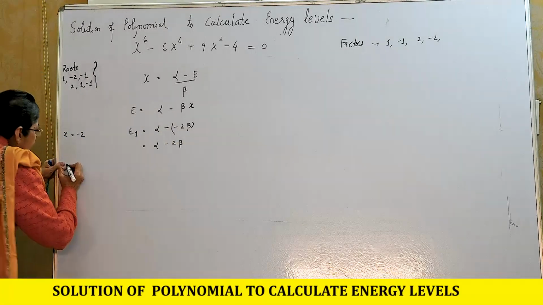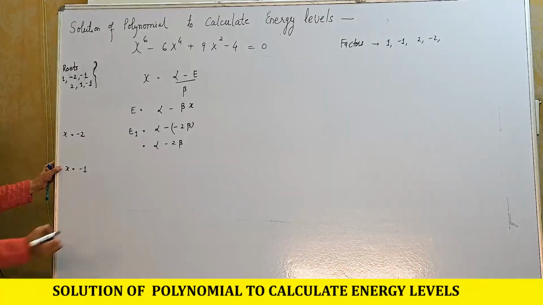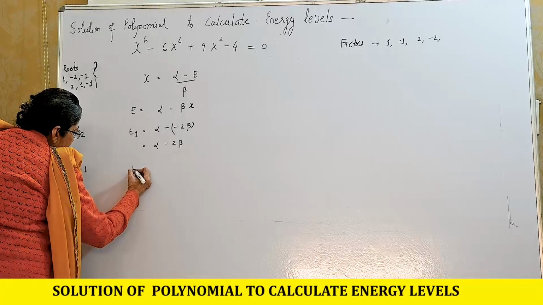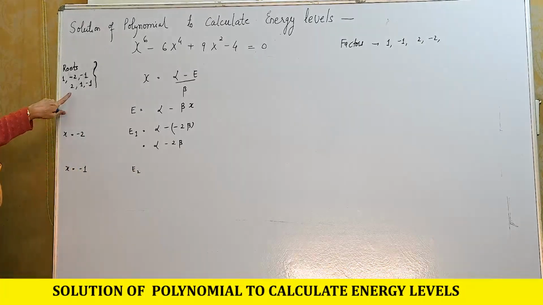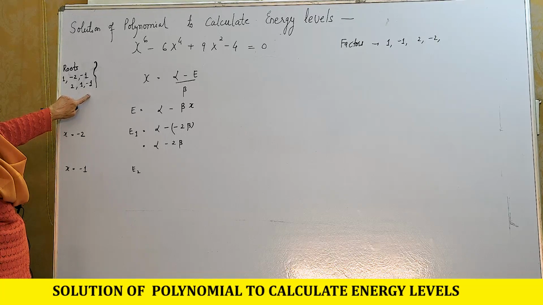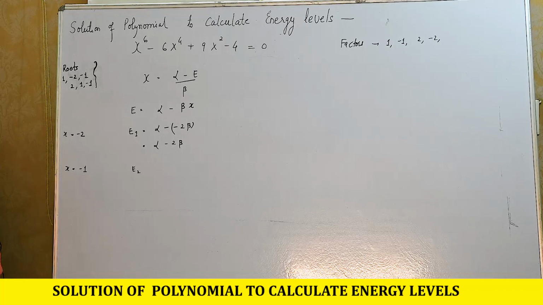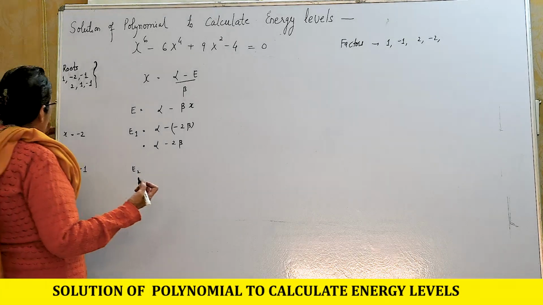Next, when we take x is equal to minus 1, as we know that we are getting two roots of the same number, that is minus 1 and minus 1. So here we also get two energy levels, and those are degenerate.